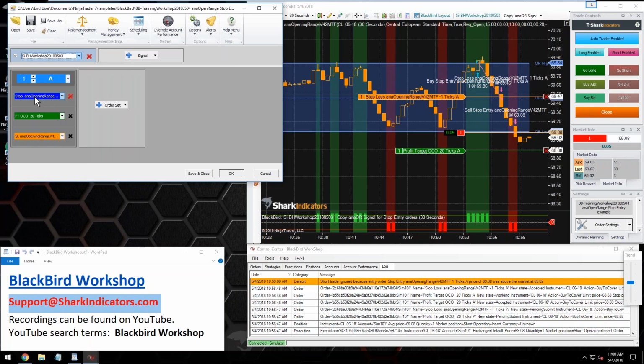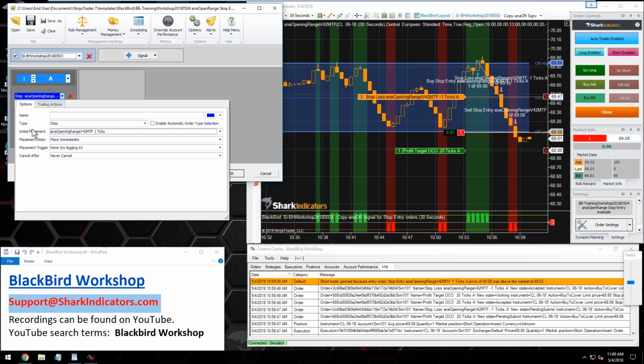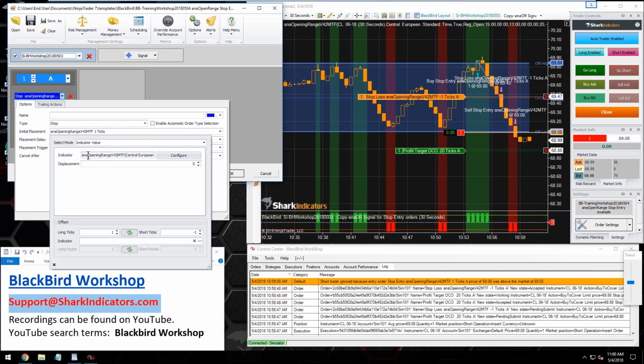The key was setting up the stop entry order. The type of entry order was set to a stop, and the initial placement of the order was set to our opening range indicator.